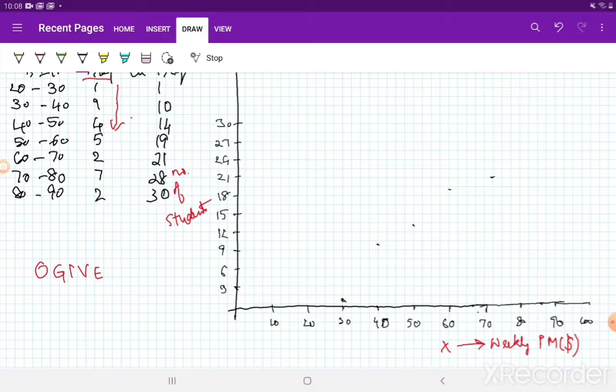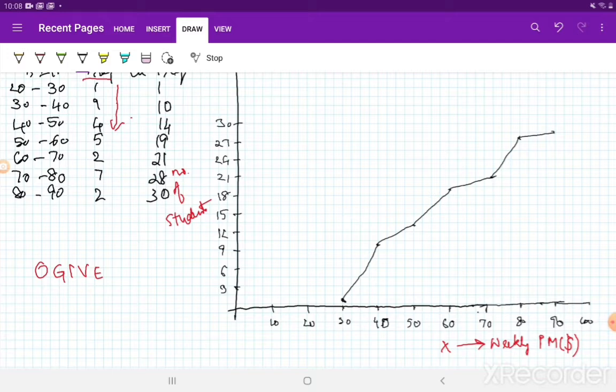Against 80 is 28, and against 90 I shall plot 30. Remember, the uppermost class interval will always have a cumulative frequency equal to the total size of the sample. Once you have plotted the points, use a scale and join these points with a straight line.